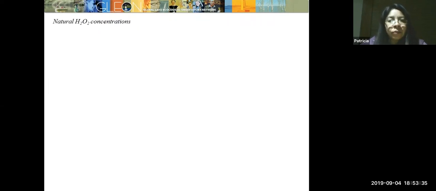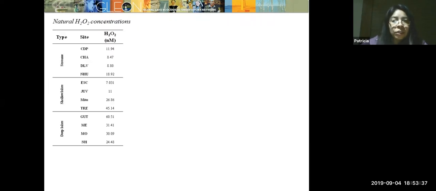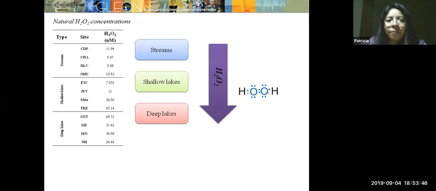Regarding the natural hydrogen peroxide concentration, we found different concentrations among the environments. The streams have a very low concentration of hydrogen peroxide, followed by the shallow lakes, and the deep lakes have a very high concentration of hydrogen peroxide.